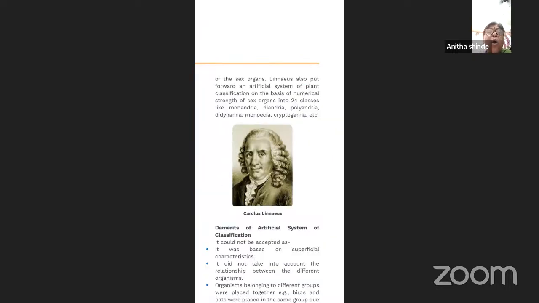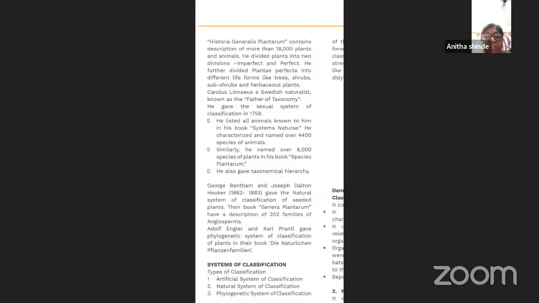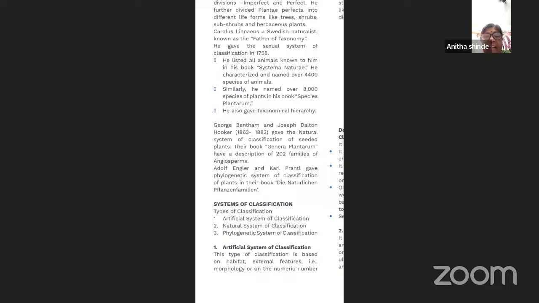Linnaeus put forward an artificial system of plant classification on the basis of numerical strength of sex organs into different classes, like monandria, diandria, polyandria, didynamia, monoecia, cryptogamia, etc. So the artificial system of classification is based on habitat and external features, that is morphology, which is nothing but external features only. Then next is the numeric number of their sex organs.